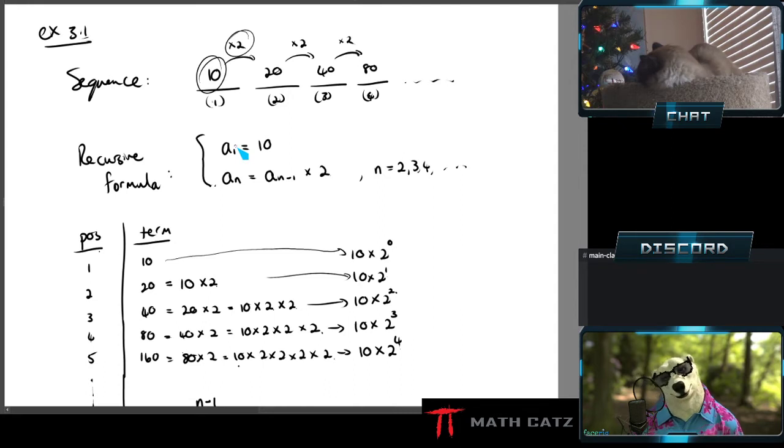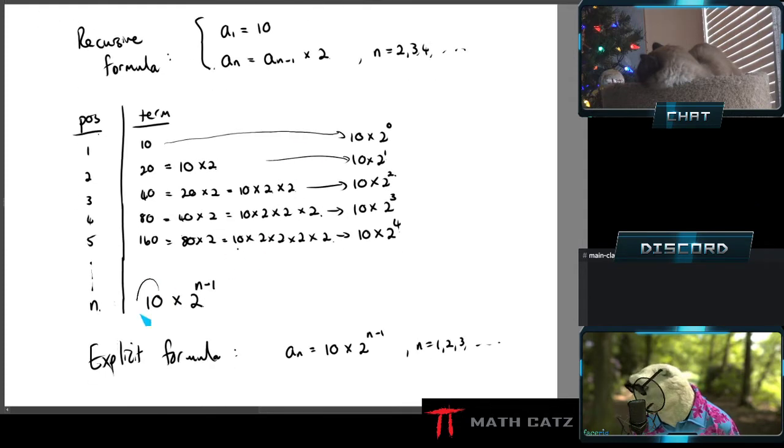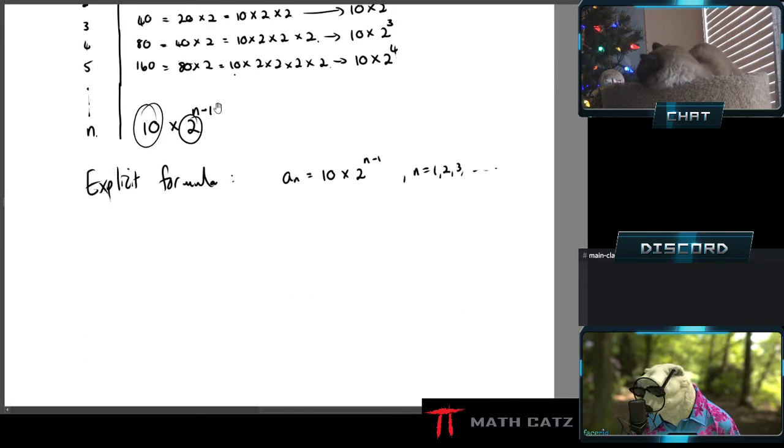Just like in the recursive formula, once I know those two things, I can set up the whole sequence. Those two things, the parameters of the sequence, need to feature in my explicit formula as well, and they do. 10 and 2. So now I'm going to just state this in general without the 10 and the 2, but any first term and any number I multiply by.